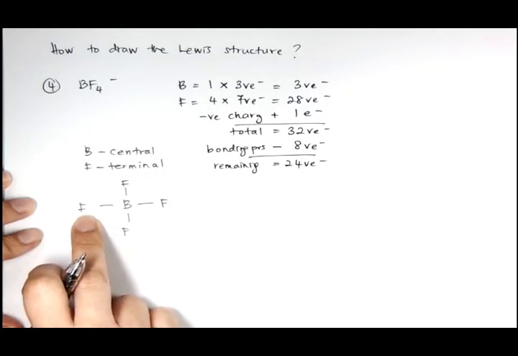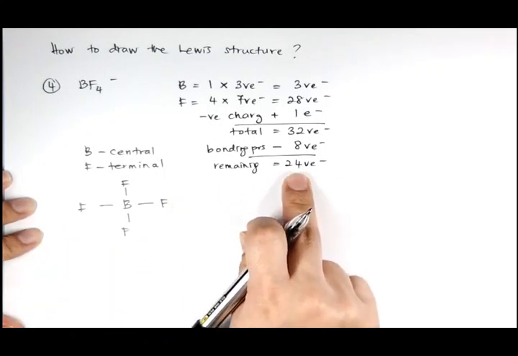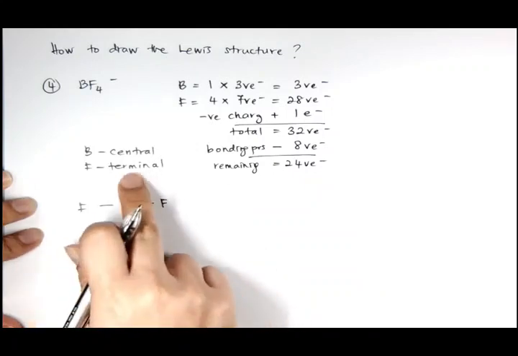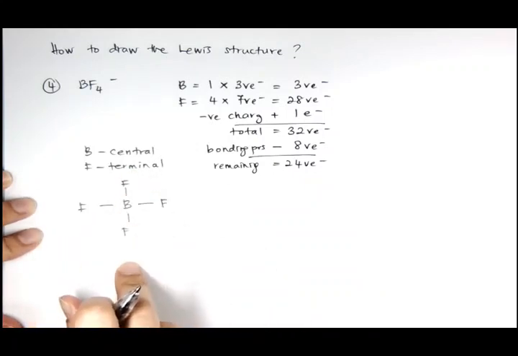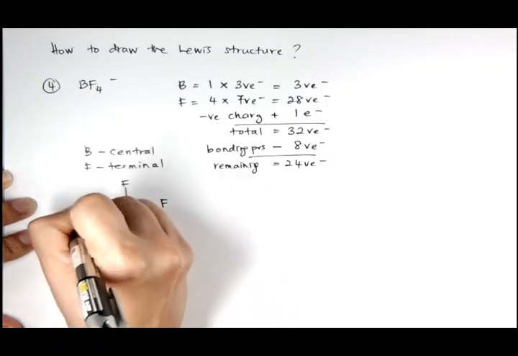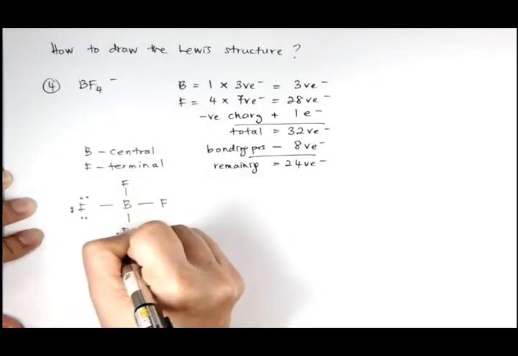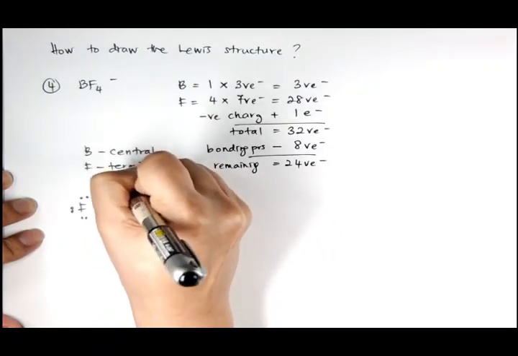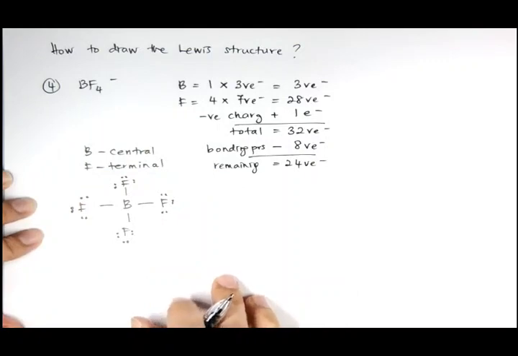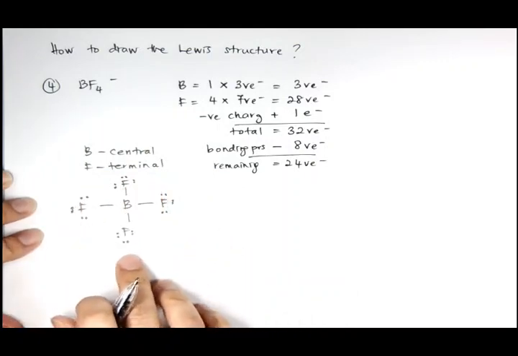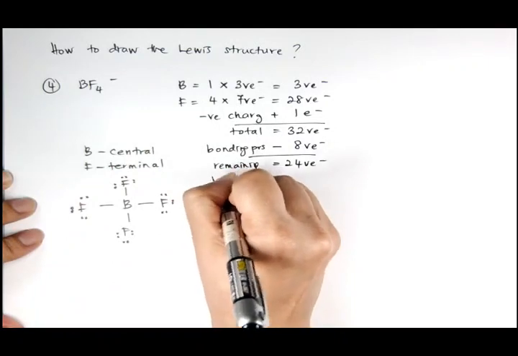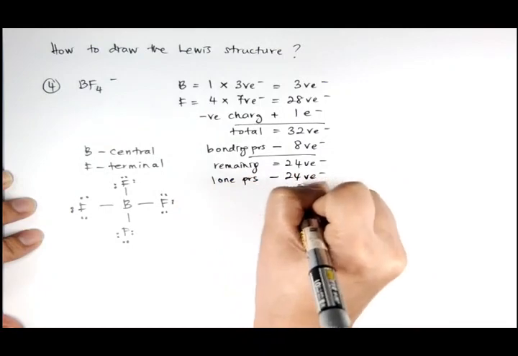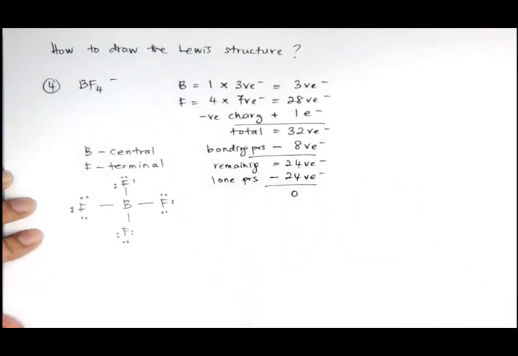So using the 24 remaining valence electrons, we give 6 electrons to each of the fluorine atoms, so they can achieve octet configuration. Distributing the lone pairs to the fluorine atoms, we have used up 24 electrons. So now we have no more electrons to be distributed.